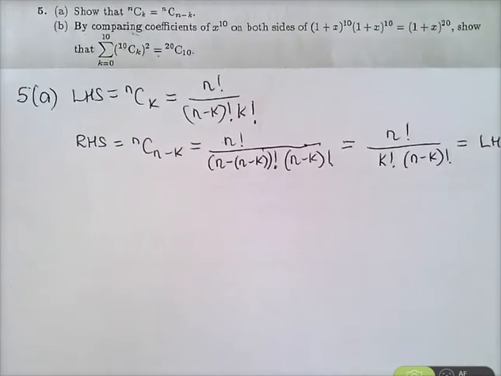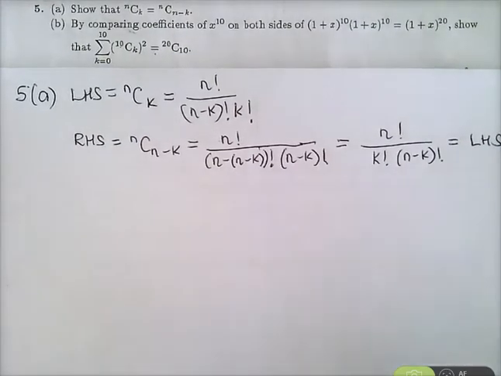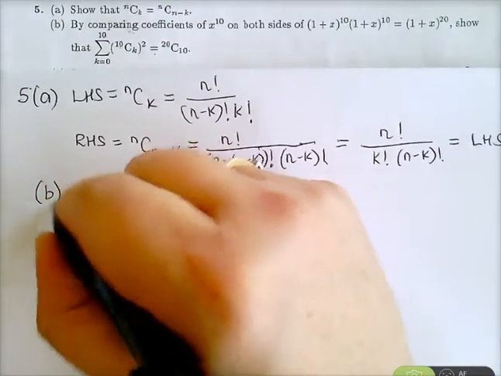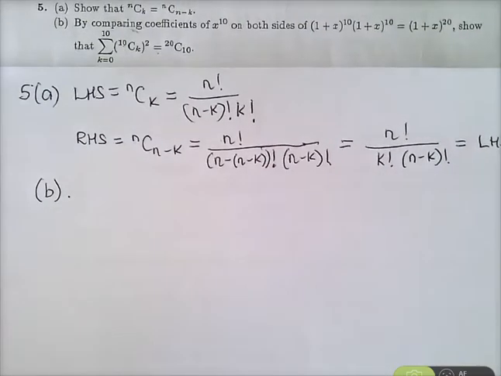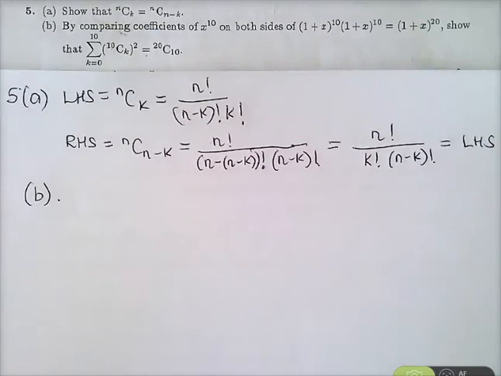That bit's done. Now you better start with the next one. You know what? This one's okay. You don't have to write out the expansion for part B because they're saying show. They didn't say show that 10C0 times 10C5 plus, do you know what I mean? So you don't have to write out the expansions for part B if you don't want to, because they haven't given you all the working out in between.